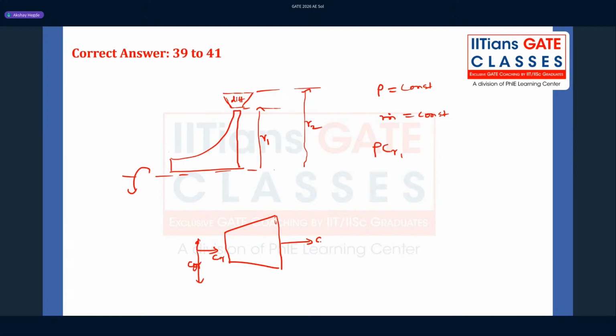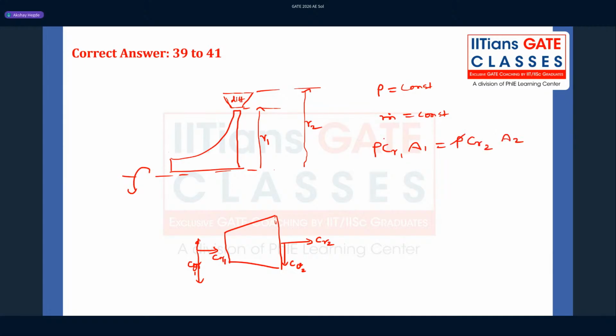Similarly, I have CR and C theta. So this is CR1 at the entrance, CR2 at the exit, C theta 1 and C theta 2. This information is given to us in terms of velocity vectors. So rho CR1 A1 should be equal to rho CR2 A2.